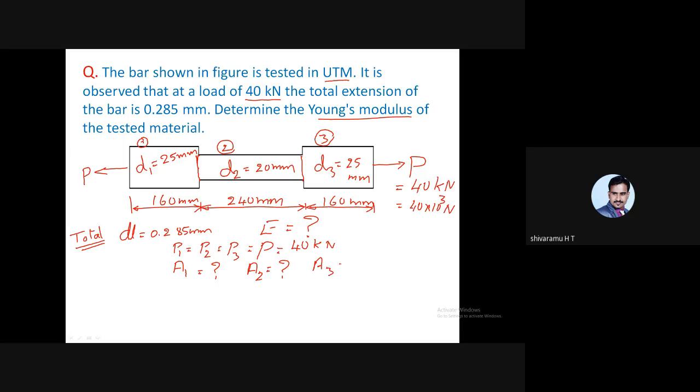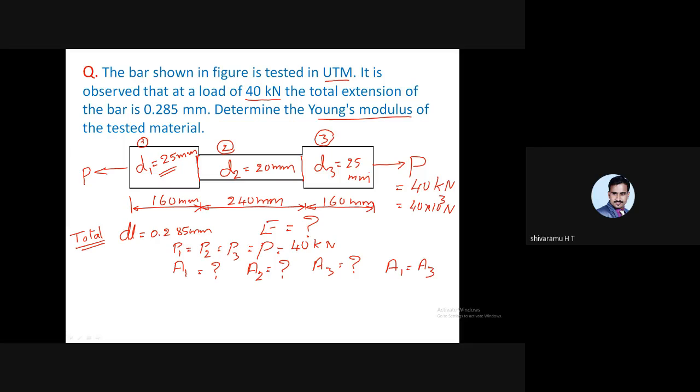A1, A2, A3 are different because the sections differ. We can take A1 equal to A3, because the diameter of section 1 is 25 and the diameter of section 3 is also 25 millimeter, while the lengths are different.